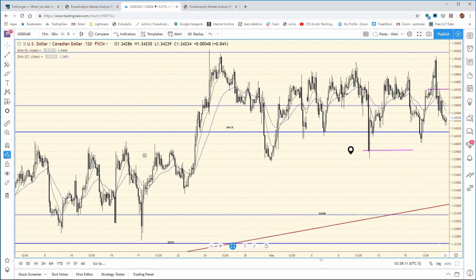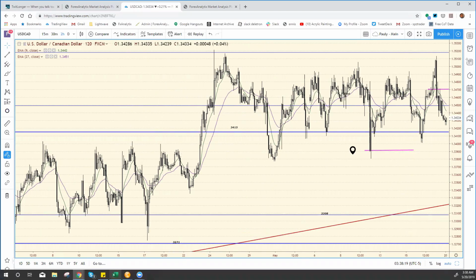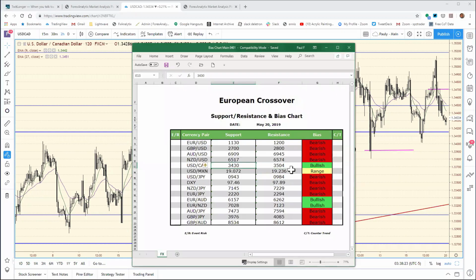So resistance is going to be 34.70 with support coming in right there at 33.90. This market is open to a further slide back, but for now, overall, it's still a bullish market.